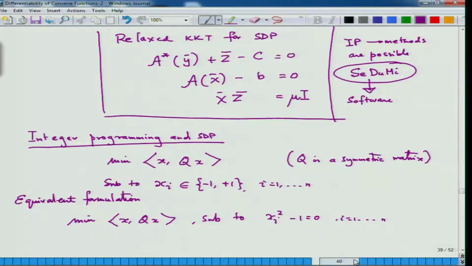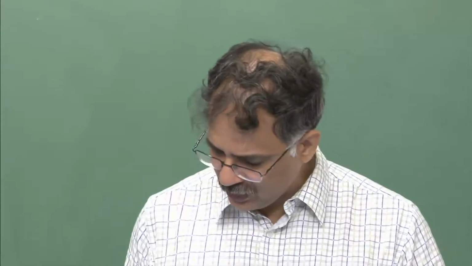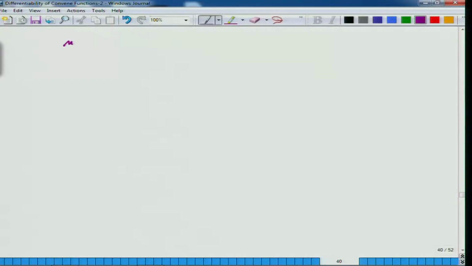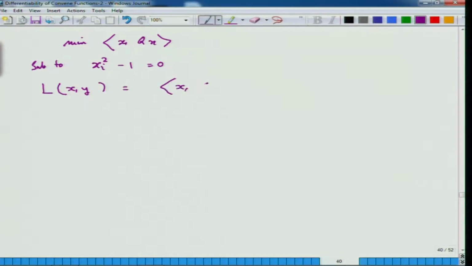So, now I have converted this problem into a quadratic problem with quadratic equality constraints. Now, if I construct the Lagrangian of this function, let me write down the problem again for your remembrance. I am having a problem of this sort, minimize this subject to the constraints. Now, let us write down the Lagrangian of the problem, which we already know how to write down. See, yi has no sign restriction here because it is with equality constraints. This is my Lagrangian function.